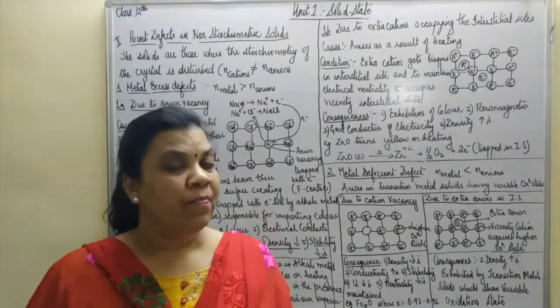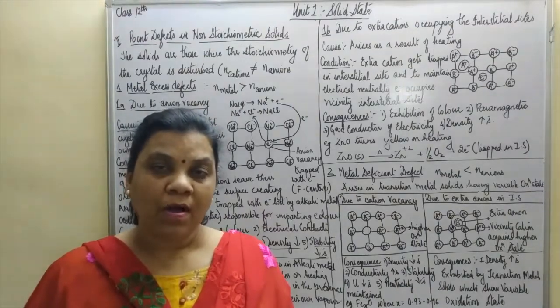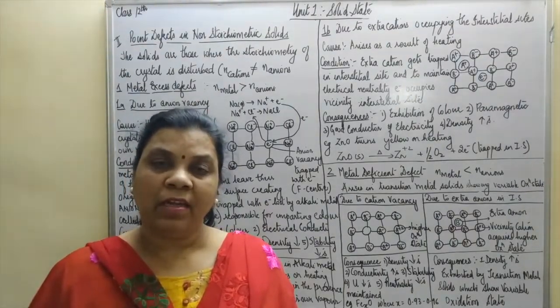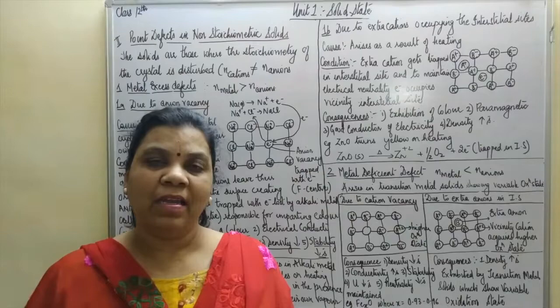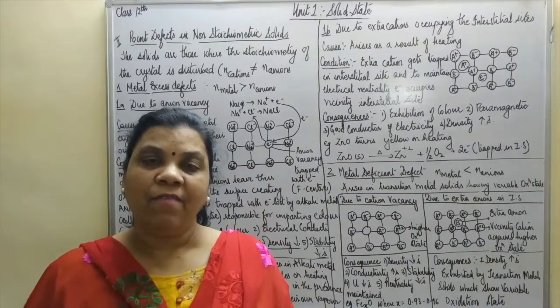In doing so, the electrical neutrality of the crystal is maintained because the loss of negative charge is compensated by the negatively charged electron, which gets trapped in the anion vacancy, developing F center.